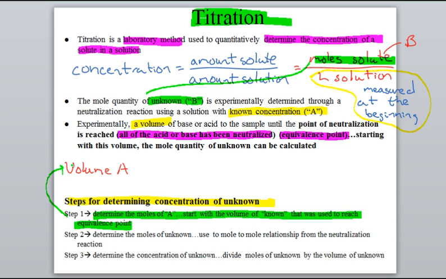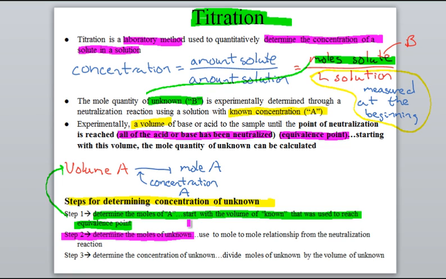In the laboratory, you'll be given the concentration of that A, or in a problem, you'd be given the concentration of that A. Concentration times the volume will allow you to calculate the moles of A that were added for the neutralization process. In step 2, you're going to calculate how many moles of solute are in your unknown solution.